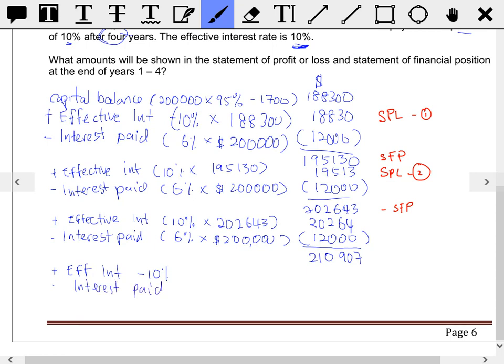A 5% redeemable preference share issued on the first, and its face value is about 8 million. Direct cost is 200,000, and the share will be redeemed at a substantial premium of 9058. The effective rate is 10%. So calculate the amount to be shown in the SFP in 2008.